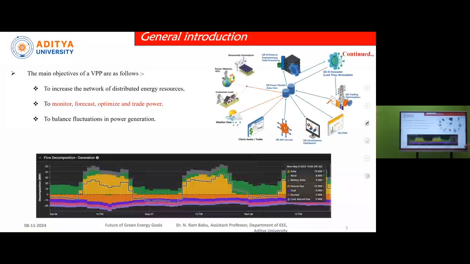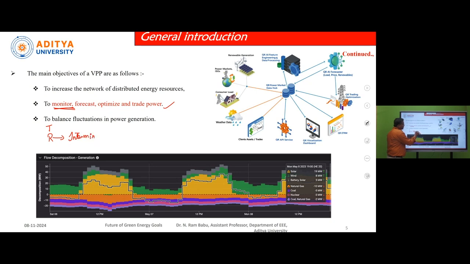Okay, so let us move on to the next one. The next objective is to monitor, forecast and optimize the trade power. If you observe the first point, monitor. Monitoring means the amount of energy being generated by the generating stations, such as thermal or renewable energy sources. The energy generated by renewable energy sources is intermittent in nature.